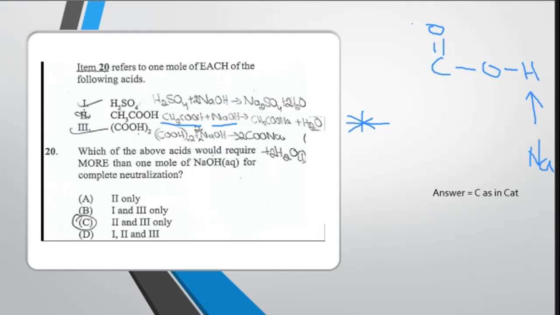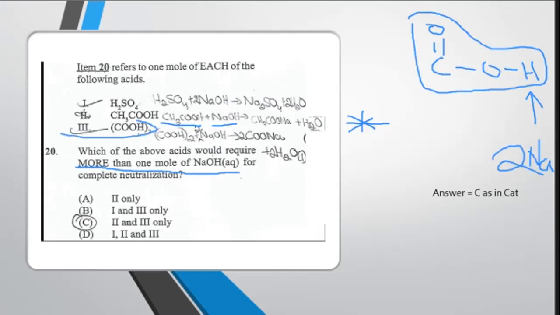But the thing is, we have two of these structures, so we need this process to happen times 2. They ask which of the above would require more than 1 mole of NaOH. So the third one would require more than 1 mole of NaOH, and the first one would require more than 1 mole of NaOH. So 1 and 3 is supposed to be our answer.